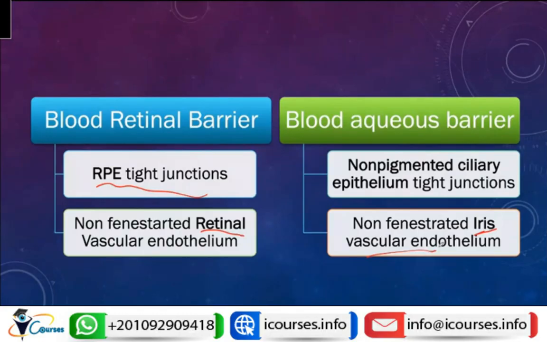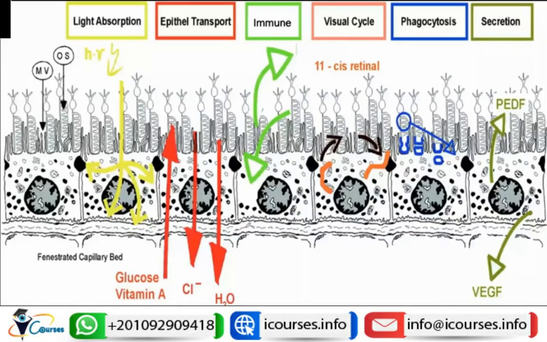So here is a summary of the functions of the retinal pigment epithelium. First of all, light absorption. It will absorb the light, and the melanin here prevents the scattering of light. It is responsible for epithelial transport.